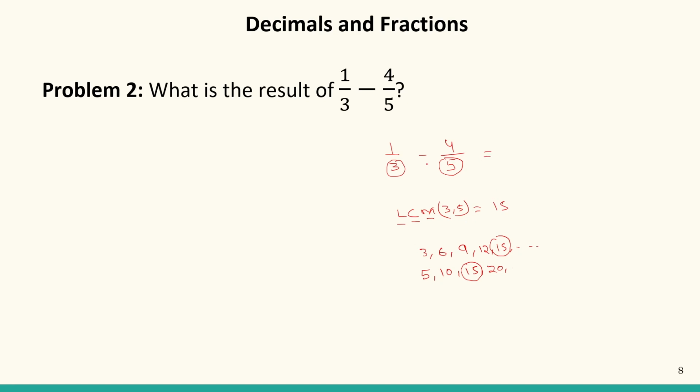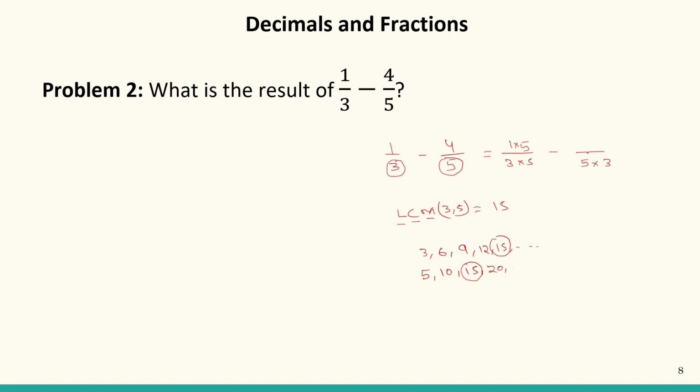So we need to convert these fractions to denominator 15. How can we make this 15? 3 into 5, and then we multiply the numerator by the same, that is by 5. For the second fraction, here we have 5 in the denominator. How can we make it 15? By multiplying it by 3.